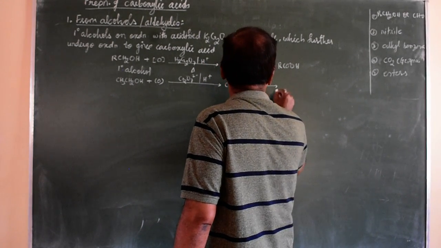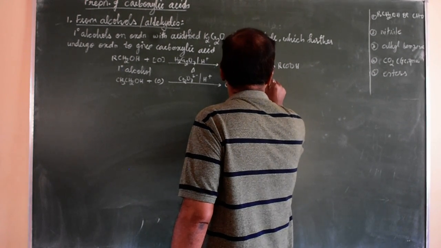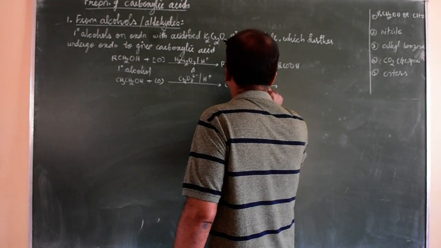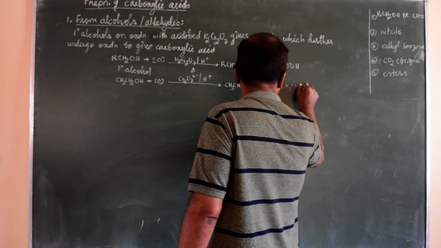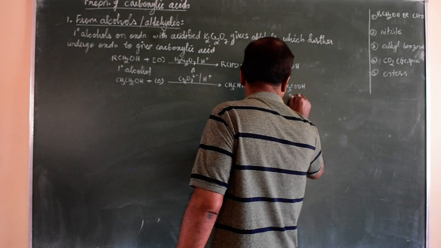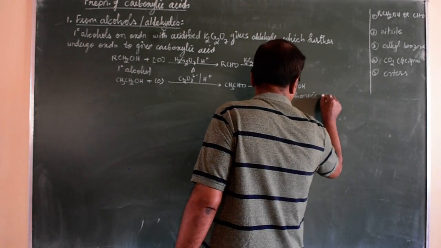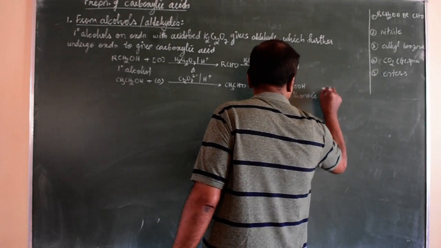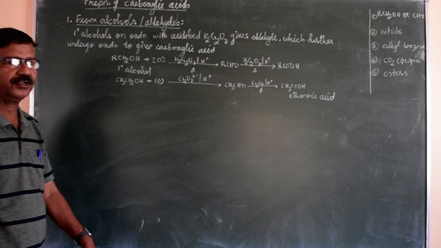Acetaldehyde further undergoes oxidation to give the product CH3COOH. We know this is called ethanoic acid, or acetic acid according to the common system. According to IUPAC, it is ethanoic acid, and this one is ethanol.